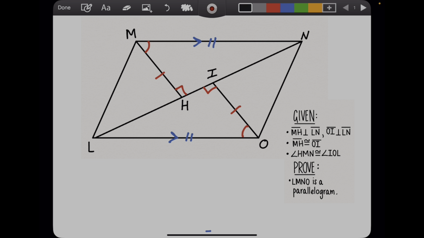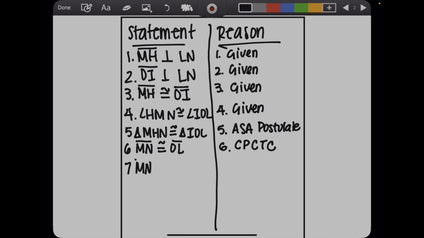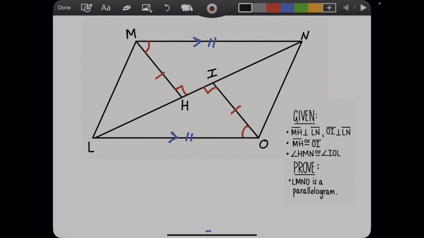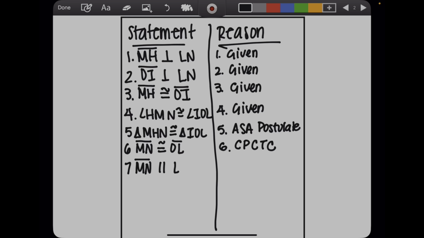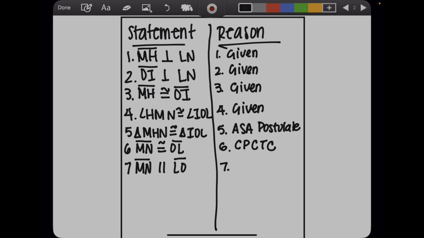We have that segment MN is parallel to segment LO because we have congruent interior angles.